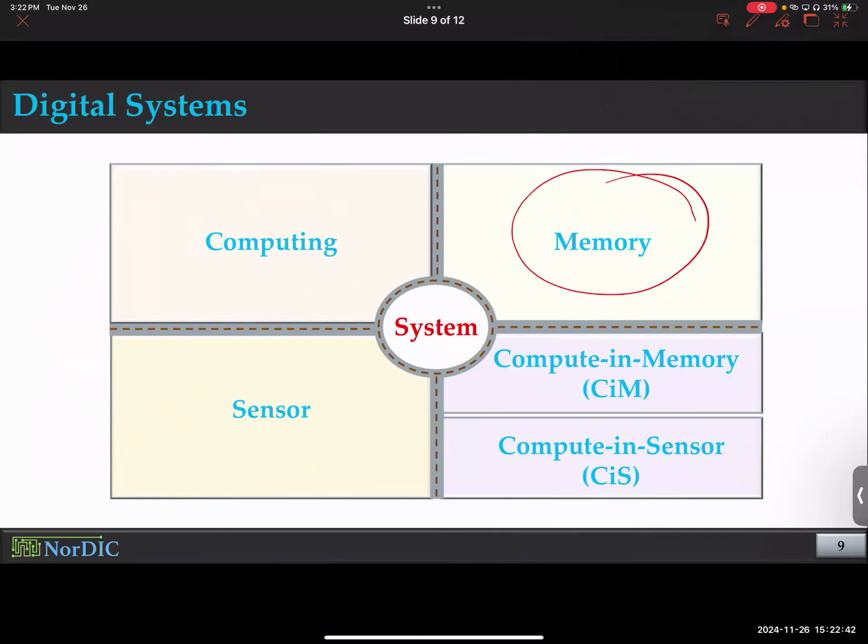Memory is a very big part of a computing system. Without memory, no processor can work. Imagine if I ask you to do this compute: multiply this with 13, subtract 10, add 2, and multiply with 10 or whatever.